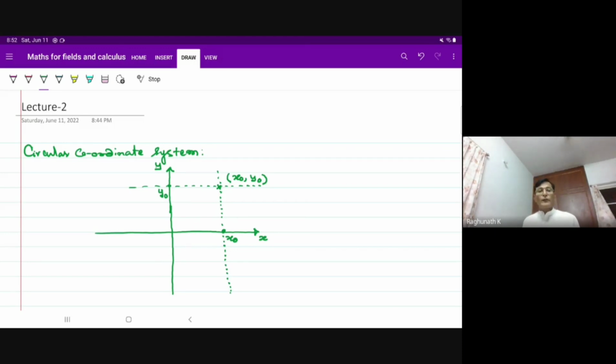Now, in this coordinate system, the circular coordinate system, taking this origin as a center, a circle is drawn through the point of interest.